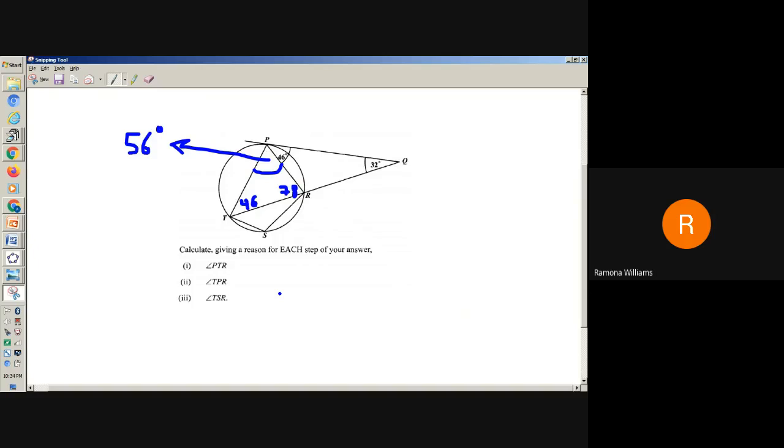Yes, sir. 56. Guys, isn't this a cyclic quadrilateral? And what did I say about cyclic quadrilaterals? Opposite angles in a cyclic quadrilateral are supplementary, isn't it true? So therefore, this must be 100 and what? 24.